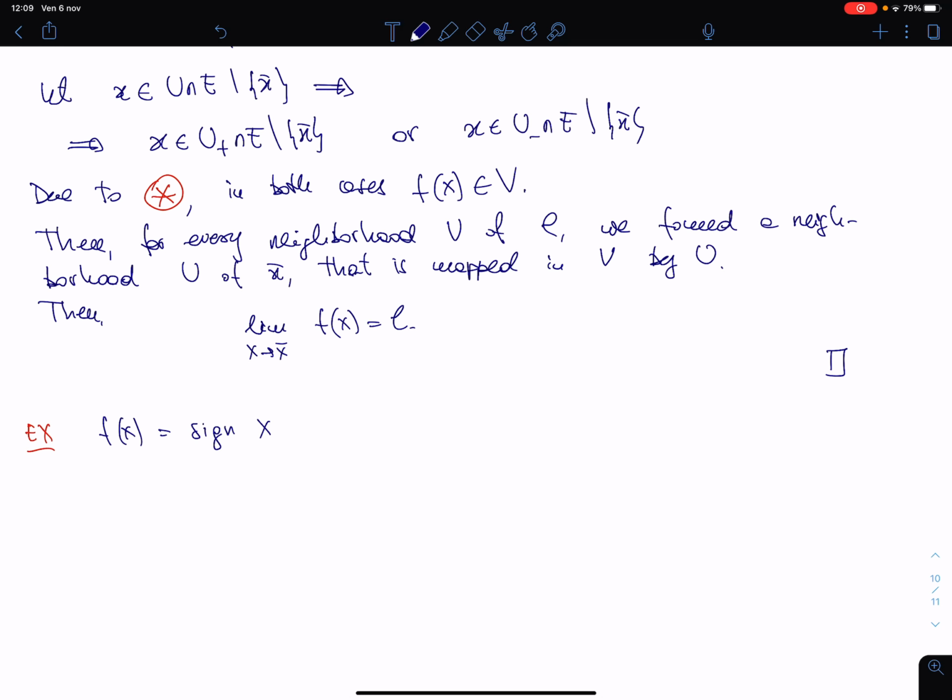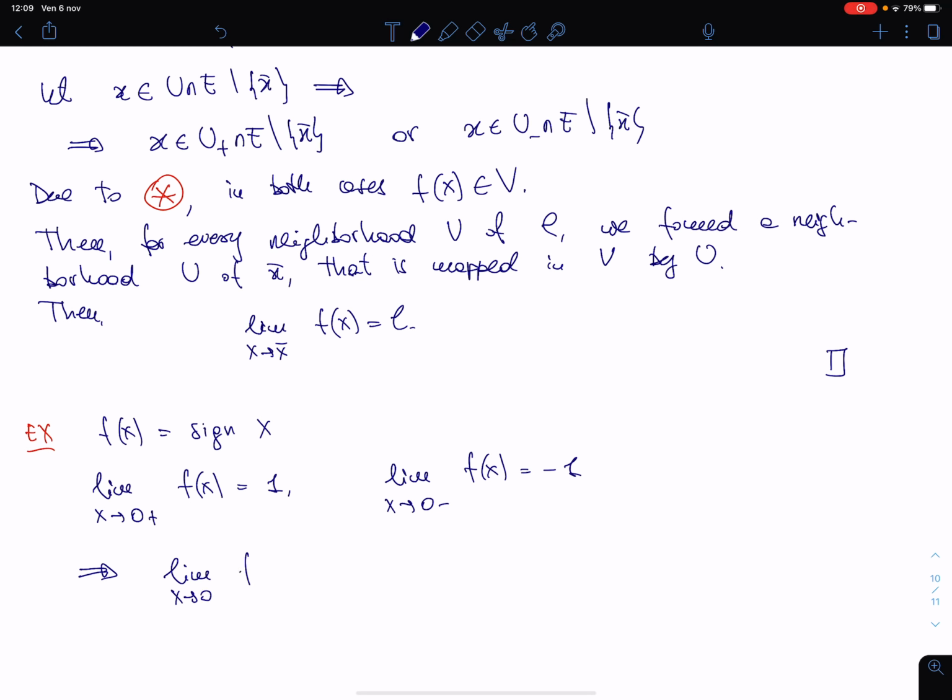We have, of course, that the limit for x going to 0 from the right of f of x is equal to 1, and the limit for x going to 0 from the left of f of x is equal to minus 1. And since the two limits are different, the conclusion is that the limit for x going to 0 of f of x does not exist.